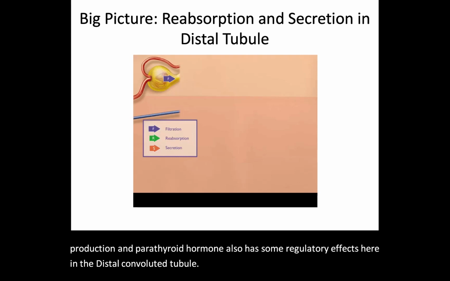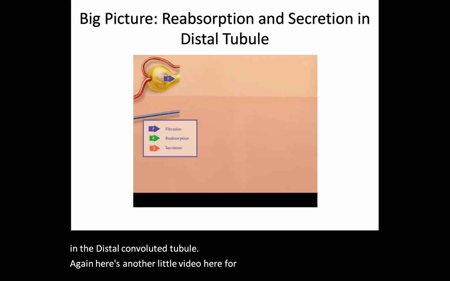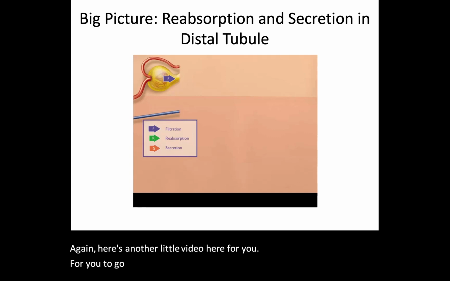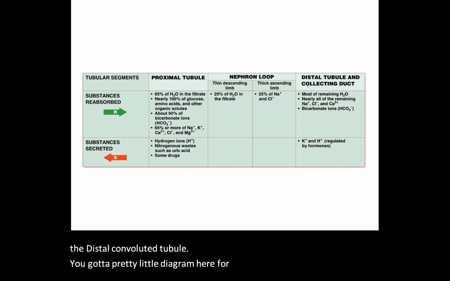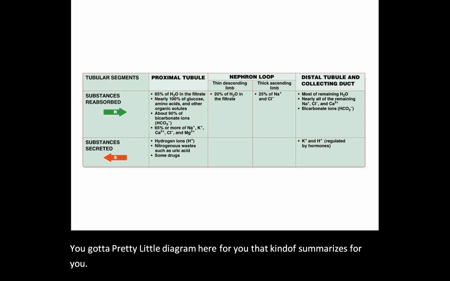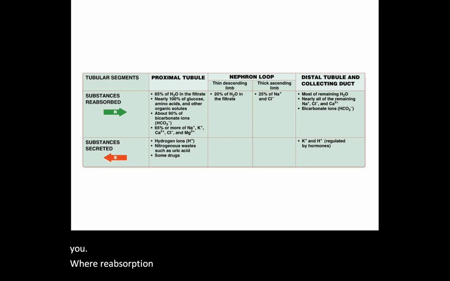Again, here's another little video for you to review reabsorption and secretion within the distal convoluted tubule. You've got a pretty little diagram here that summarizes where reabsorption and secretion is happening and what exactly is moving and where.